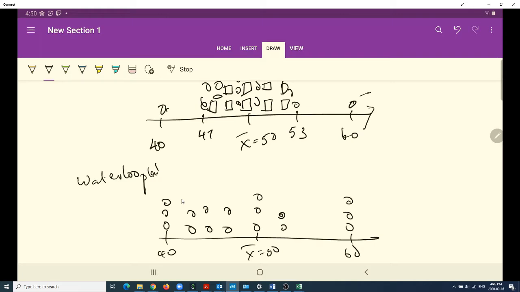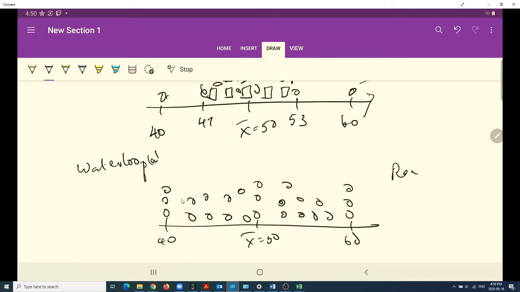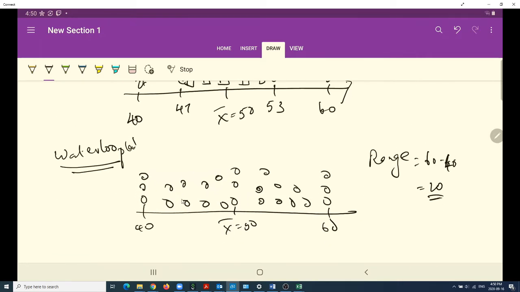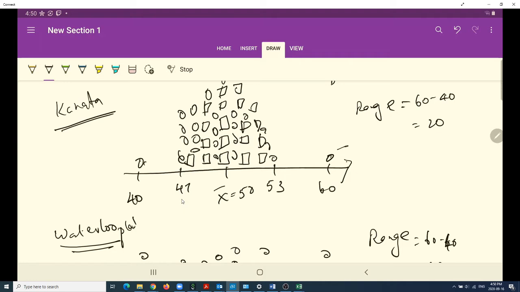Let's say the distribution looks a little more like this. Here, if you take the range as well, 60 minus 40 is 20. So the range is 20 in both plants, the Waterloo plant and the Kanata plant.